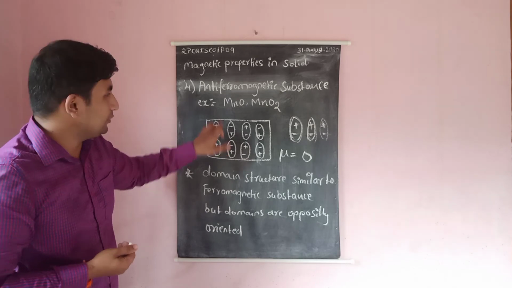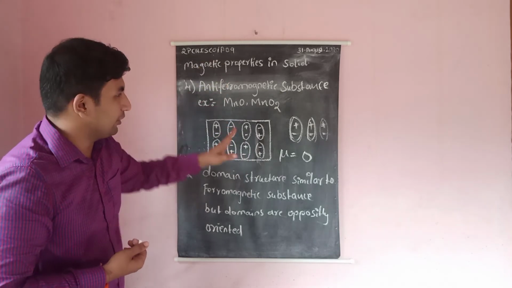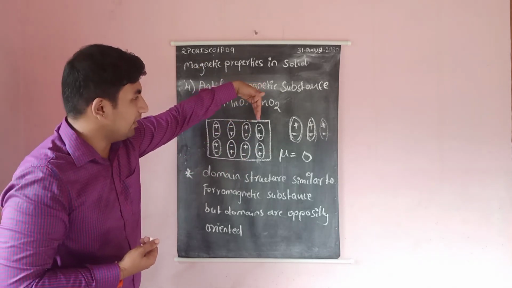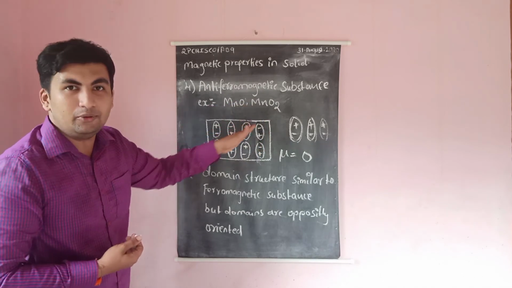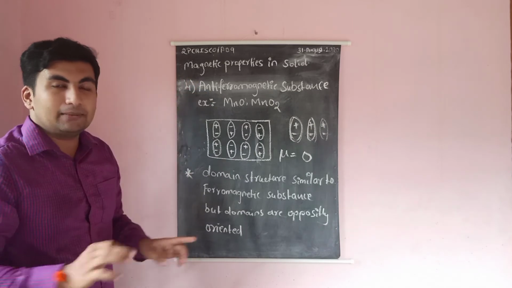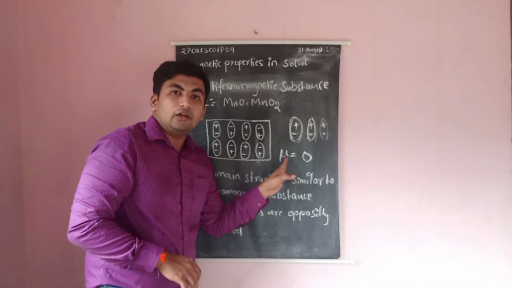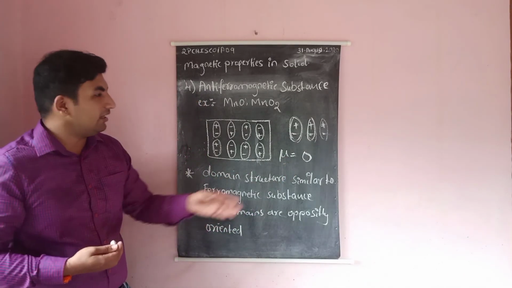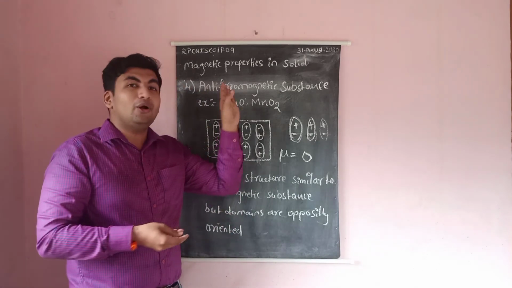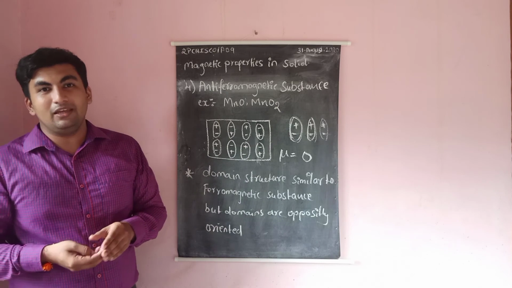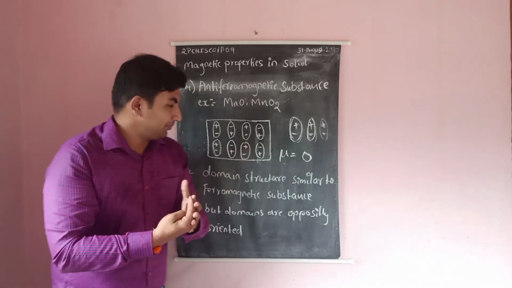Why 0? Here they are cancelled by each other. This is one direction, and this is the opposite direction. So this is one direction, and the second, third, fourth ones are in the opposite direction, so they cancel each other. The total magnetic moment, the magnetic strength, is 0. Ferromagnetic is opposite to anti-ferromagnetic, as its strength is high.